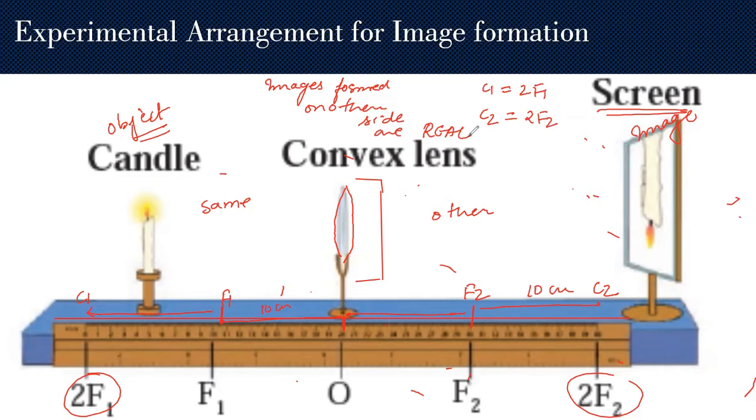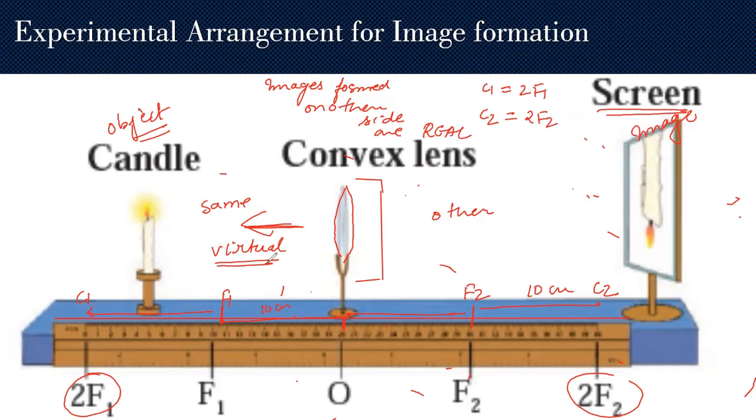This is the same side of the lens, and this is the other side of the lens. And images formed on the same side of the lens, that is here itself, those images are going to be virtual images. We'll study this when we study image formations in detail. Understood? So this is basically your experimental setup.